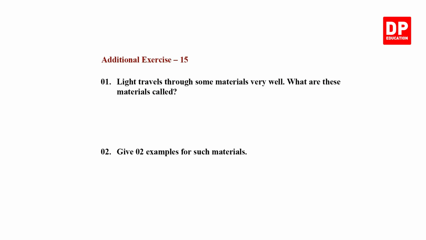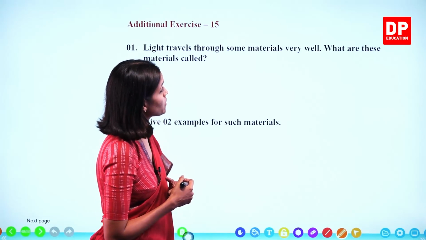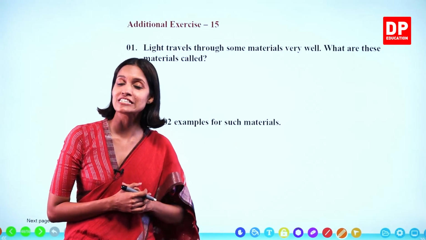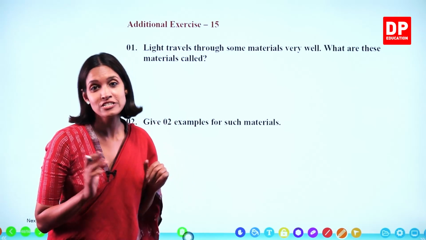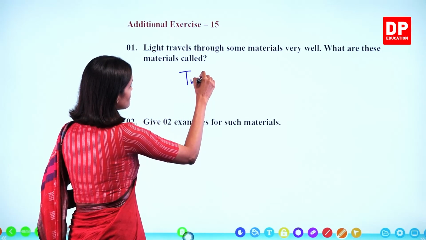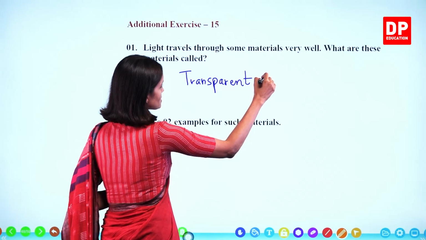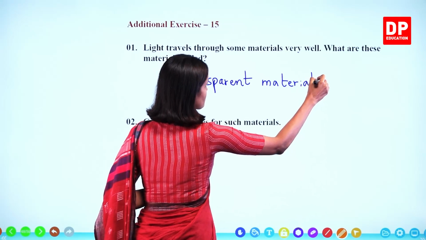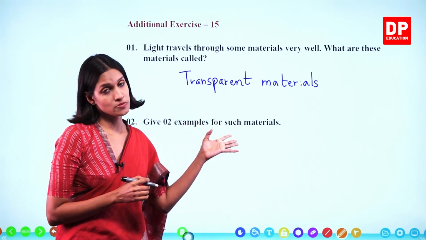Additional exercise 15. Light travels through some materials very well. What are these materials called? What is the name of these materials, children? Yes, these are the transparent materials. Let's write. Transparent materials. Next one. Give 2 examples for such materials.